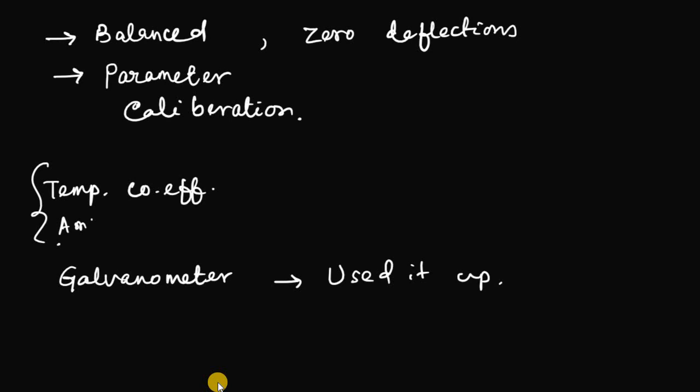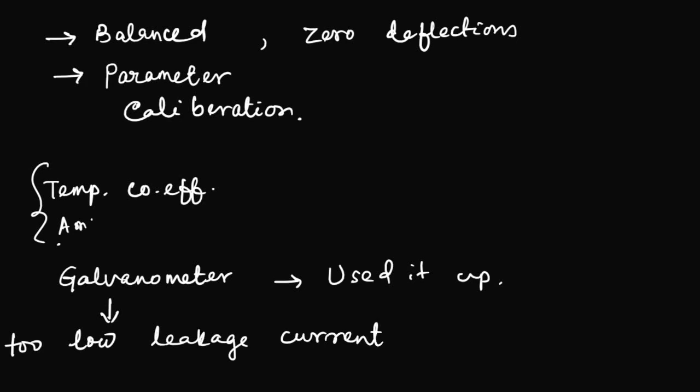Second case, if the leakage current is so low that the galvanometer cannot detect it, then also we can get an imbalanced or uncalibrated equipment.